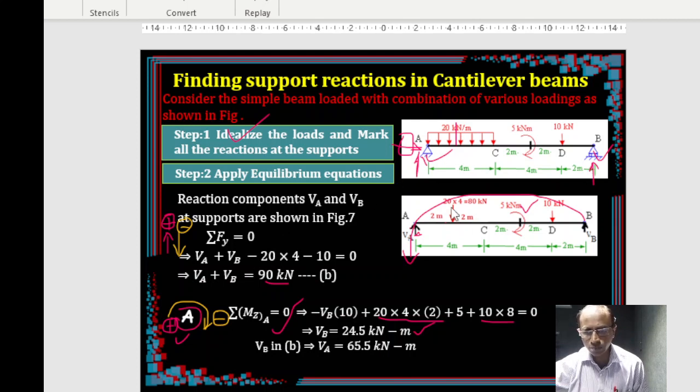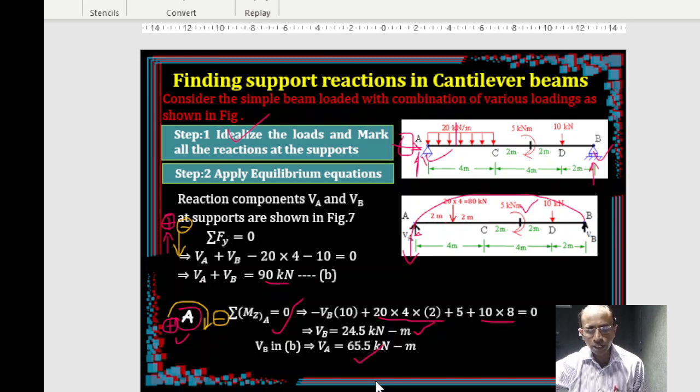Rest of the things: 20 times 4, then this is not a load in the y direction, it is a moment, don't consider this, and then this 10. So 24 is 80, and then 10, 90, that's it. So put that back into this equation with VB, then VA will be 65.5.